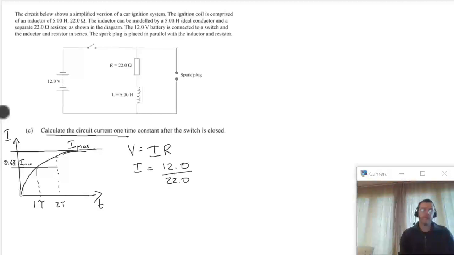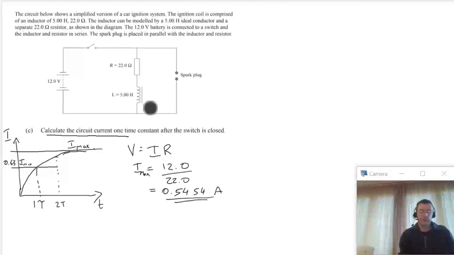This is a DC circuit, so don't get stuck thinking about adding reactances or anything like that, and there's no such thing here. This is a DC circuit. So Imax is 0.5454 amps.